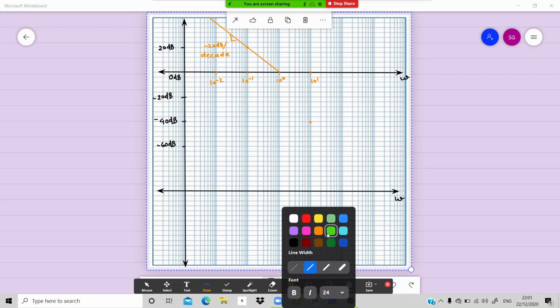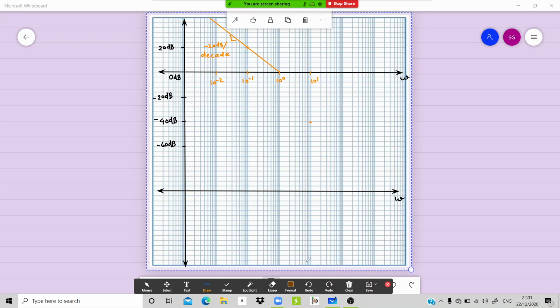So I'll draw with a different color, so it will be easy for you to understand, right? I'll draw a line from this point till this point, and very much clear, yes, change of 40 dB is there between these two things.